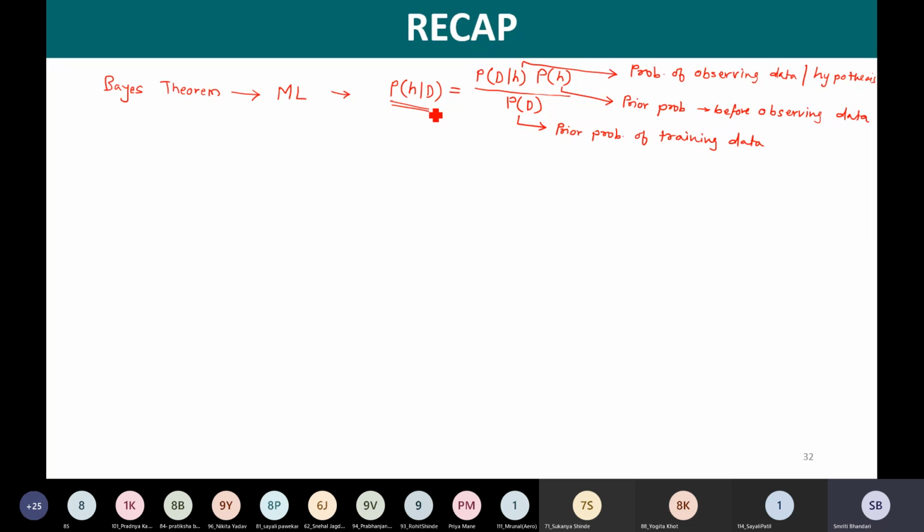Further, by making use of this Bayes theorem, we wanted to come up with a maximally probable hypothesis.